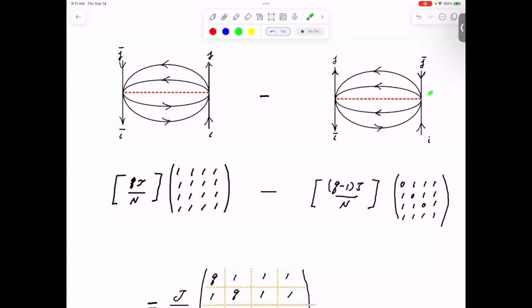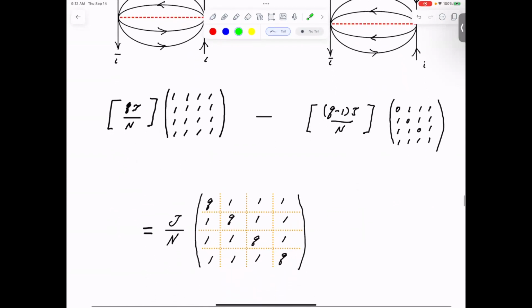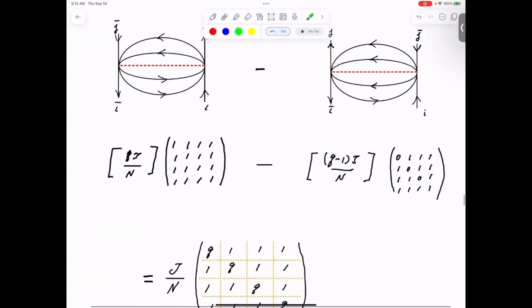On the other hand, this one is almost very similar except it doesn't allow any diagonal. It doesn't allow I bar to go to I bar. It only allows I bar to go to a different J bar. And so there are zeros. Whoops, this should be 0 over here. 0 along the main diagonal. As I said, this was something that was pointed out to me by Juan.